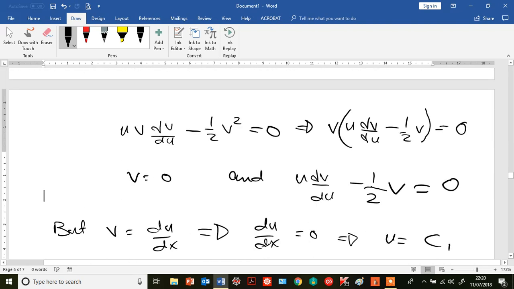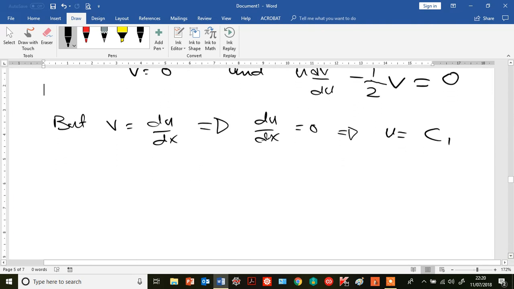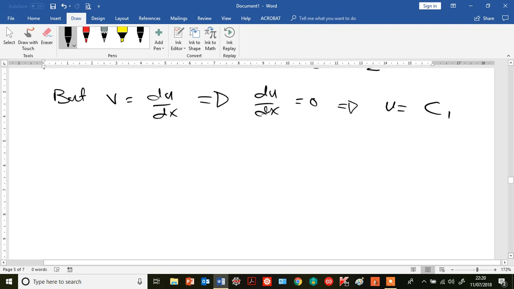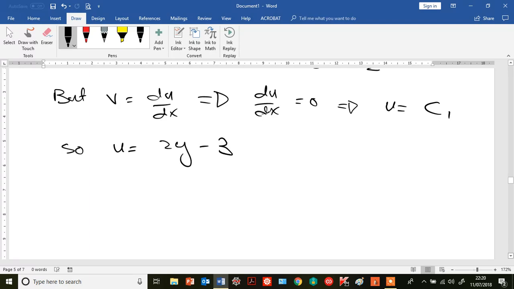So there we are. Right, so u equals 2y minus 3 is one solution. In fact, I've gone ahead of myself there. Therefore, I'll go down below.